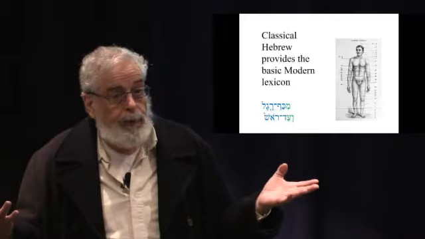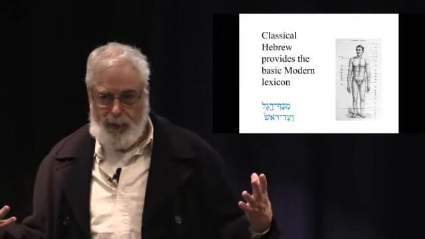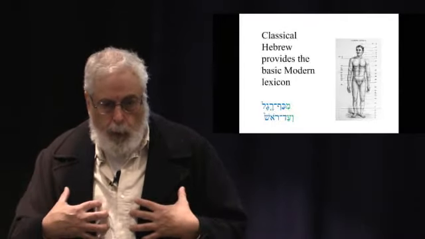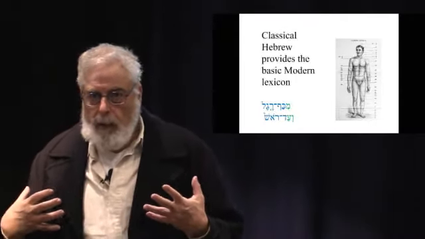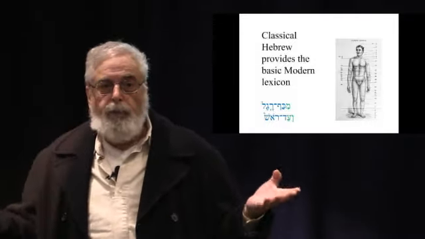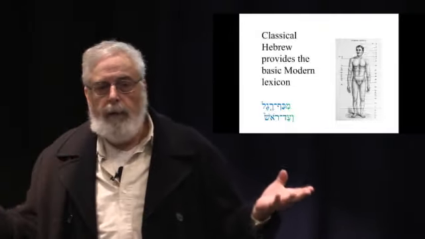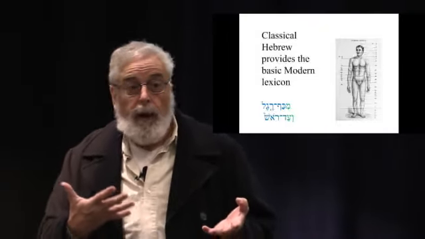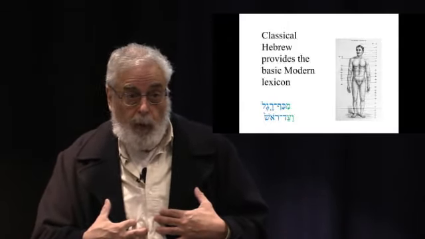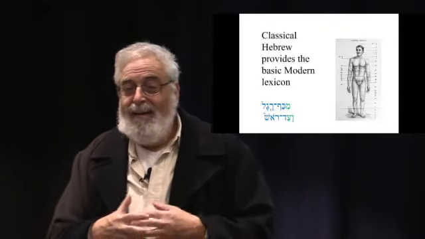Let's begin with the body. The body is the beginning of language because it's us. So we have in biblical Hebrew a name for the nose, the eyes, the ears, the head, the legs, the face, and even for inner parts, which they knew maybe more from the animals that they slaughtered.